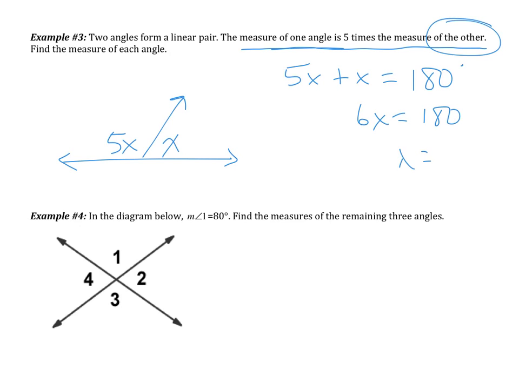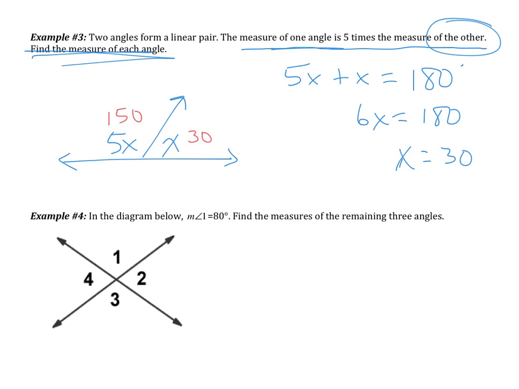X is equal to 30. Now it does say find the measure of each angle. So if one of the angles is 30, what's the other angle? 150. All right. So is 30 times 5 150? Is 30 plus 150 equal to 180? Yes. All right. So both criteria are met.